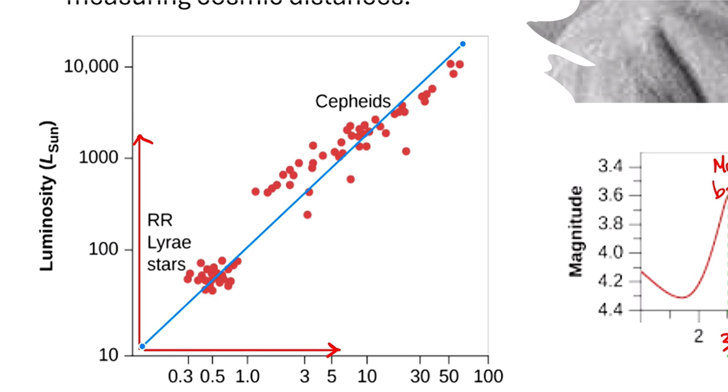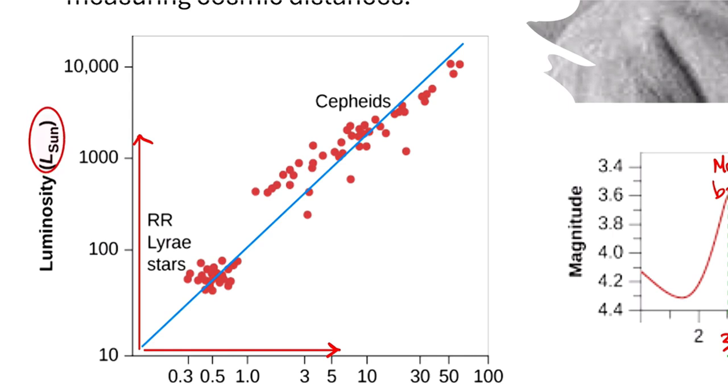Luminosity is hard to measure for a star specifically, but it is related to a known luminosity. And here we are relating the luminosities of all stars to the luminosity of the Sun, as we see here.